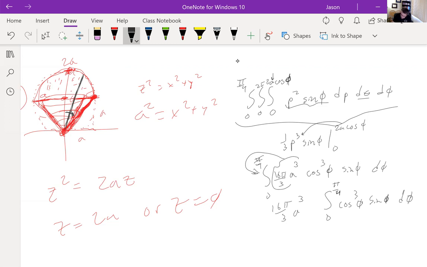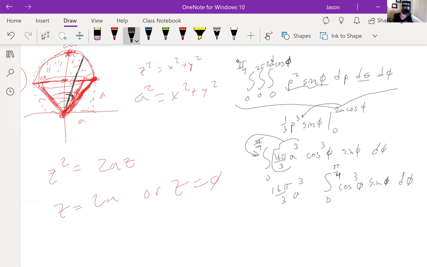So what do you get here? This is going to be a 1/4 u to the 4th, right? So u is cosine phi, which means du is negative sine phi, so you're going to get a negative here. If u is cosine phi, then this is going to go from 1 to radical 2 over 2.